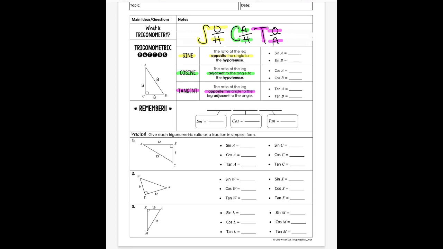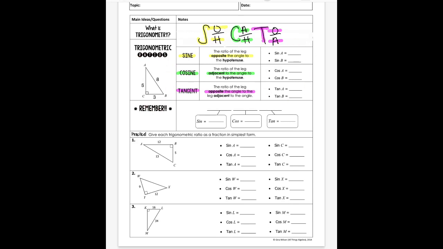Now, if you look here on this side, they are asking us to find sine of A, sine of B, cosine of A, cosine of B, tangent of A, and tangent of B. And we're actually going to use this triangle here to find the values of these.